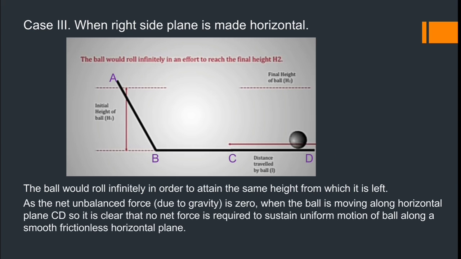So Galileo concluded from this experiment that no net force is required to sustain uniform motion of a ball along a smooth, frictionless horizontal plane. And in this way, he proved the views of Aristotle wrong.